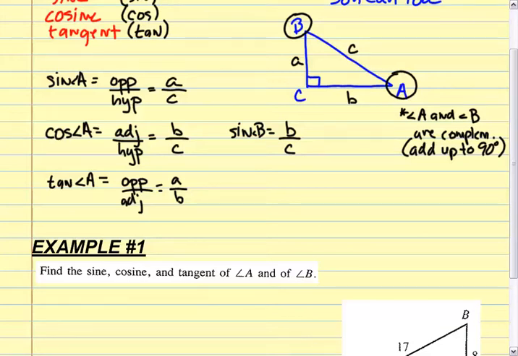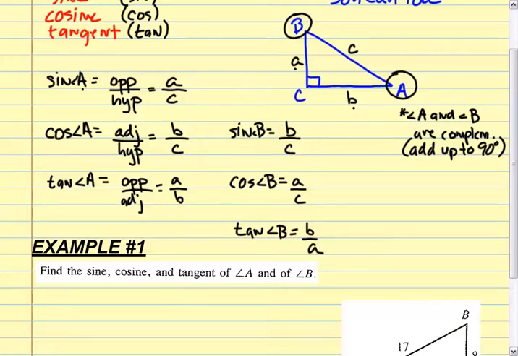The cosine of angle B is equal to adjacent over hypotenuse, A over C. And the tangent of angle B is equal to opposite over adjacent, B over A. Now I want you to look at this.